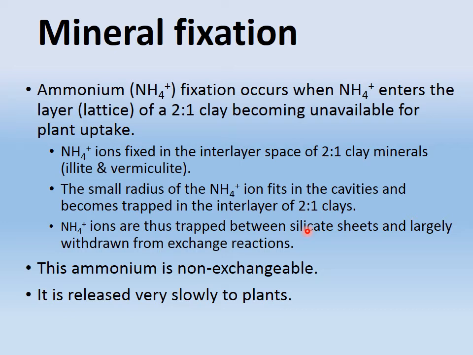It can fit inside that clay particle because of its small size, and as a result, that ammonium ion is trapped in a non-exchangeable form. It is not readily available to plants to take up, and we are saying it is slowly released for plants to take up.